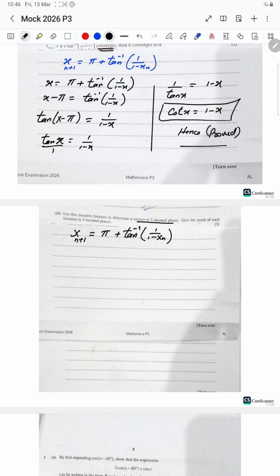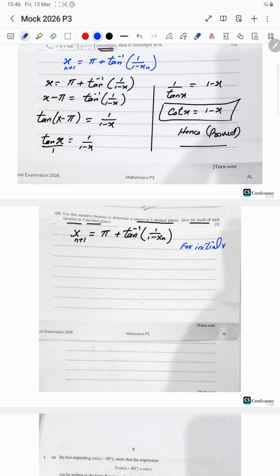Correct to 3 decimal places, given the results of each iteration to 5 decimal places. This is 3 marks again. So here we need to perform some kind of iteration. The initial value for x1 is not given here.